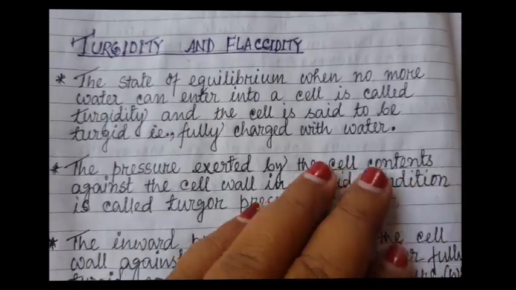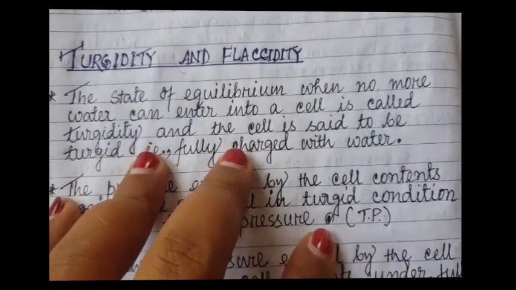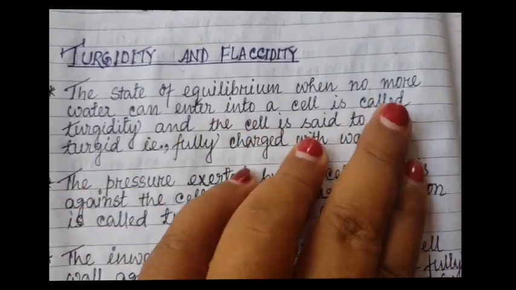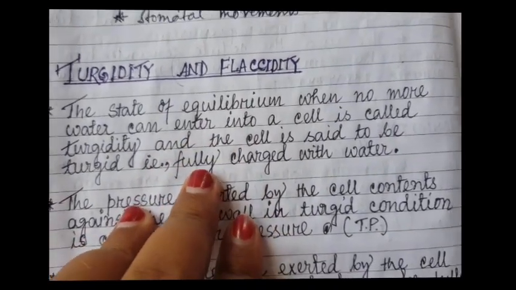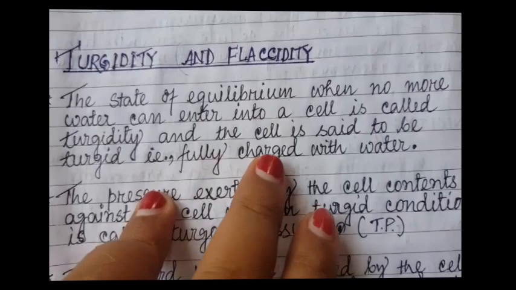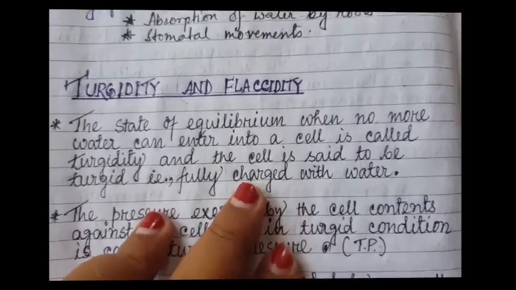Now, we should keep these terminologies intact. Turgidity is when no more water can enter into a cell, meaning it is fully charged with water. So this explains turgidity.